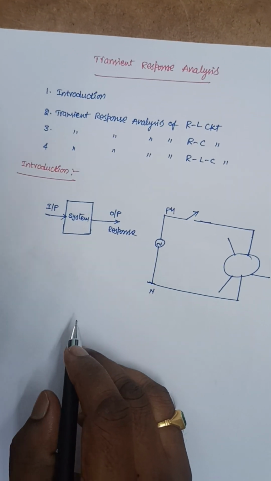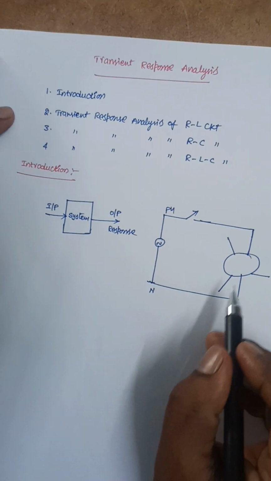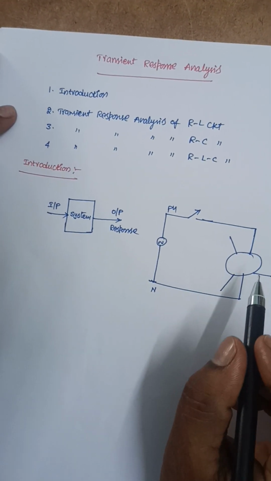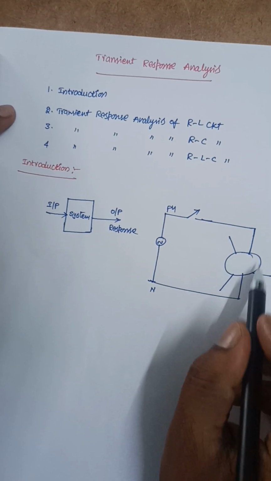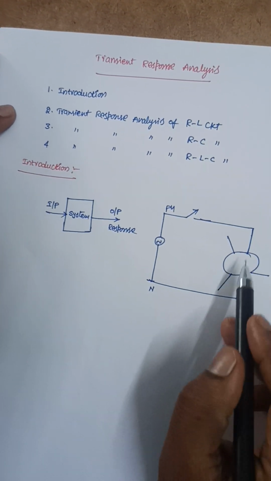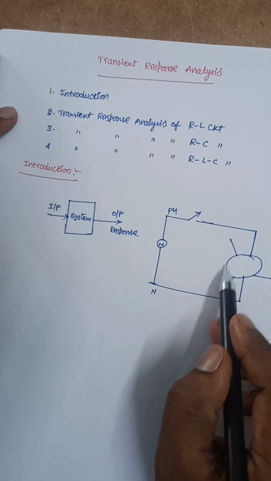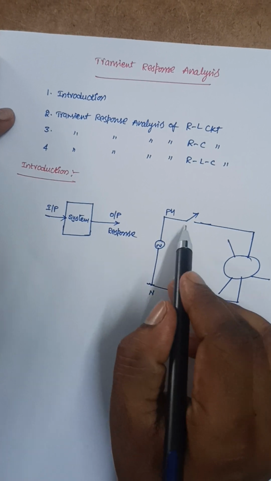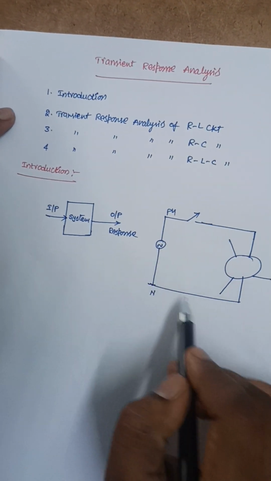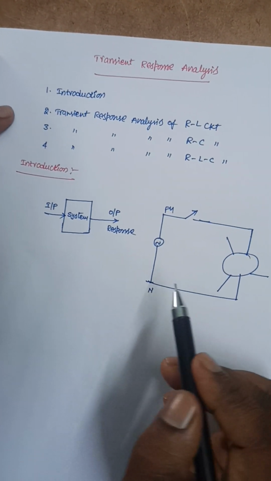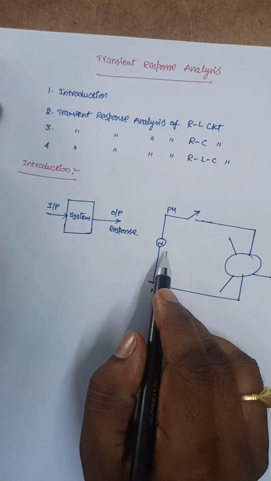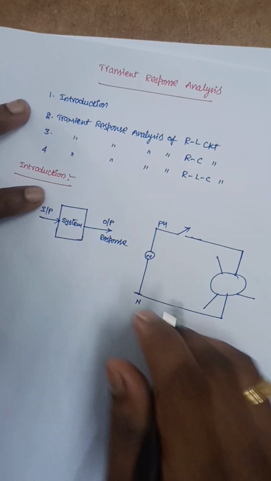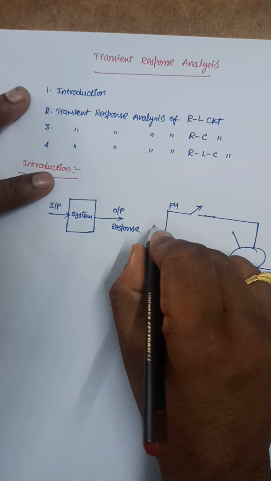Now the system here is this fan. System is nothing but a group of elements. These elements, this fan, wire, and switch, make a system here, and the input here is electrical voltage.